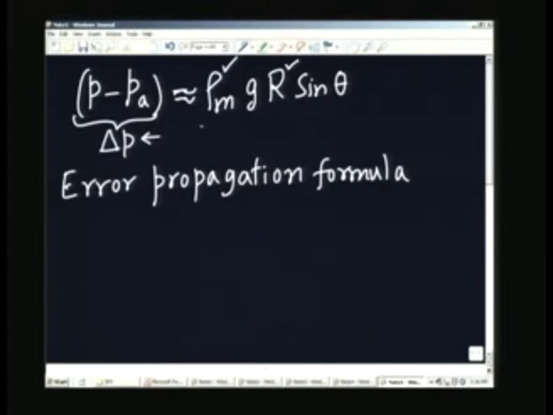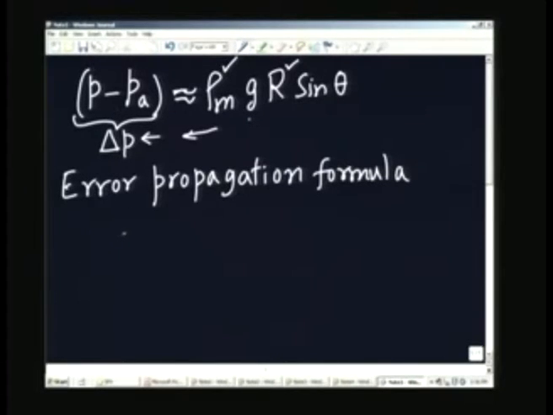So, the propagation is from the right hand side to the left hand side, and we are also given that the other quantities are all known without any error. That means that g and sin theta, there is no error, and therefore, we will ignore it. But in practice, sin theta or theta itself may be subject to some error, and in which case we have to take into account also the error in the value of theta, and hence sin theta.